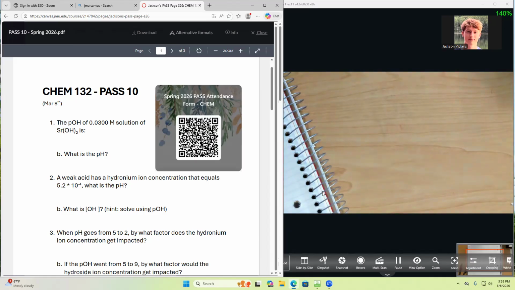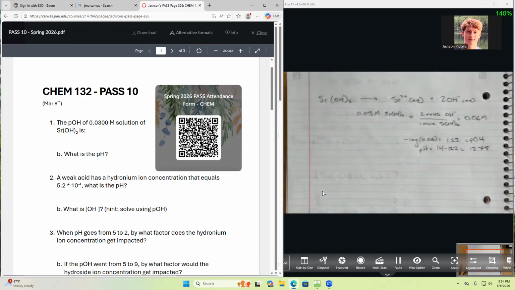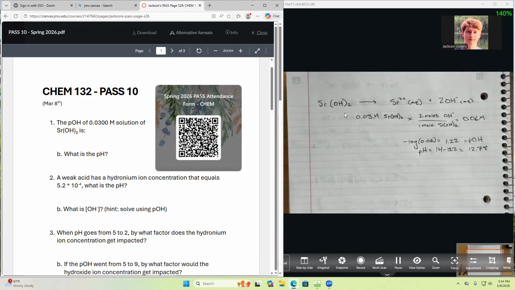Did either of you get a pOH for this one? Okay, let's see. I got 1.22 for this one. So the step we have to be careful about is that with some of these strong bases, we can have a 2-to-1 mole ratio of hydroxide ions to strong base molecules.